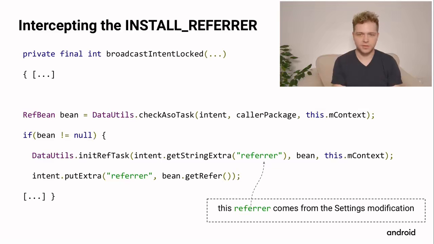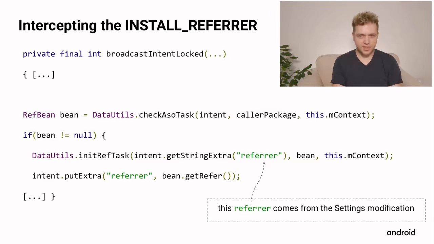The whole point of the browser is that it connects to the internet. So the framework modifications are the install referrer value. It is being intercepted in a really interesting way. So the framework modification actually looks for all the broadcasts, and it looks at the broadcast intent locked method.